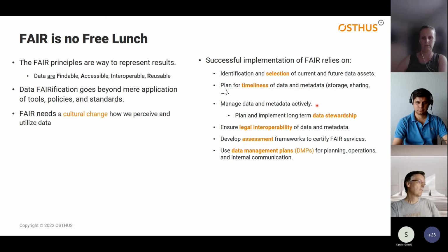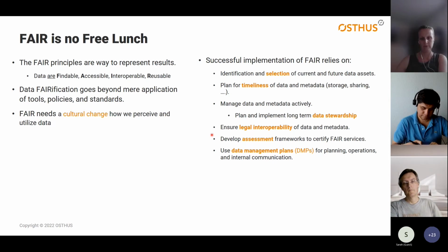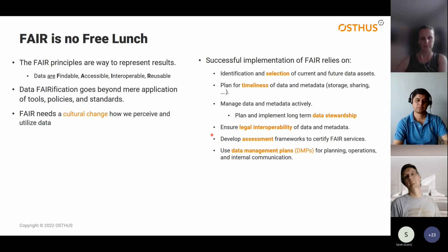Ensure that the same type of data at least uses the same type of metadata descriptors, so that it's not written one way one time and another way the next, and you cannot find the needle in the haystack. You of course also have to think about legal interoperability. This is definitely something to consider when it's about privacy. Can European data be stored in the US or not, for example, or the other way around?